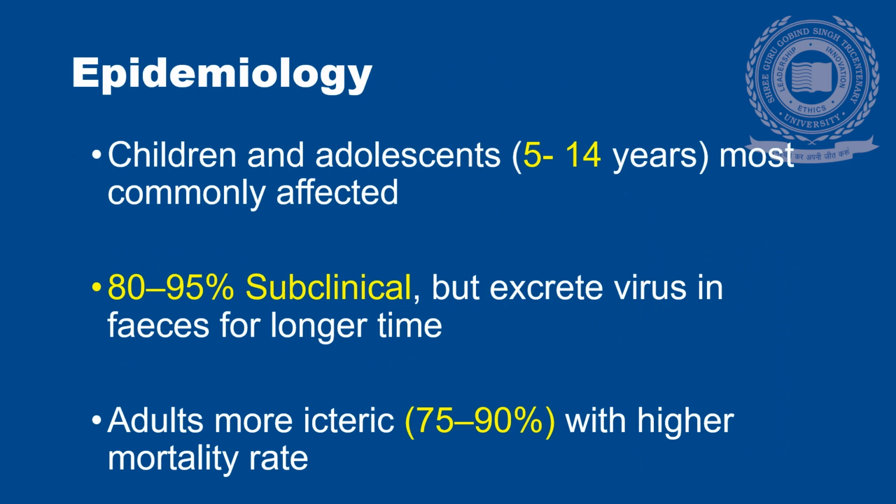It can occur in children, adolescents and adults. In children and adolescents, mostly the infection is subclinical in around 80 to 95% of cases, but they excrete this virus in feces for a longer time. Adults are more icteric, around 75 to 90% of the time, with higher mortality rate.